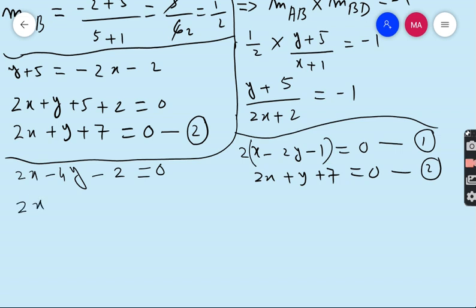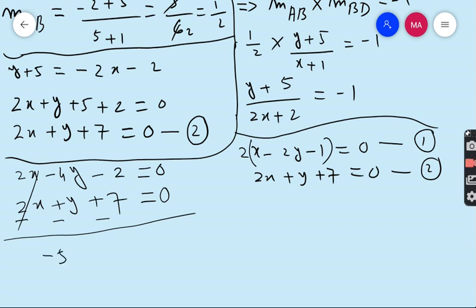And now 2x plus y plus 7, subtract. Cancel 2x by 2x. Minus 4y minus y is minus 5y. Minus 7 minus 2 is minus 9, is equal to 0.